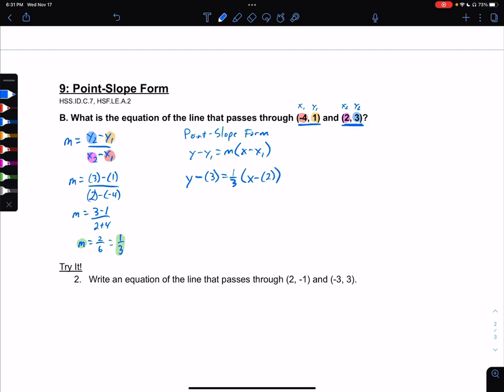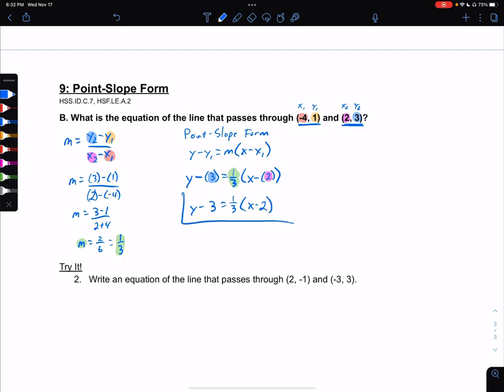So I'll highlight that so we know where those numbers come from. So I can use point 2 and then just kind of clean that up. So y minus 3 and x minus 2. I apologize here, something wrong with the screen today.